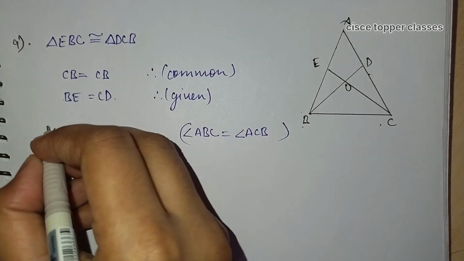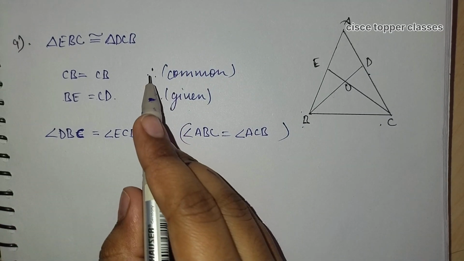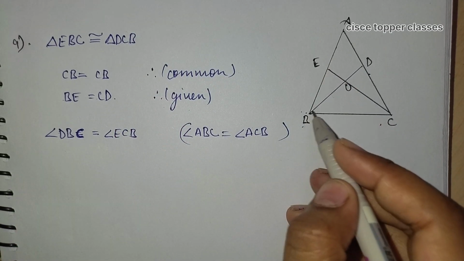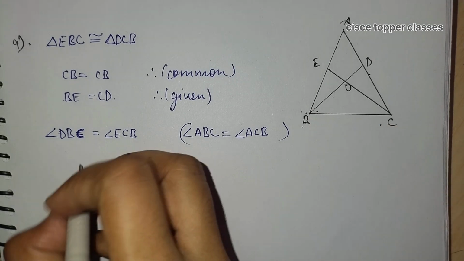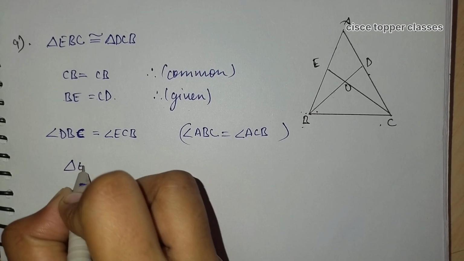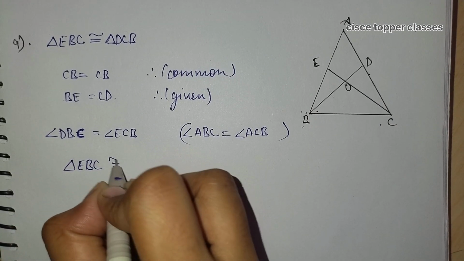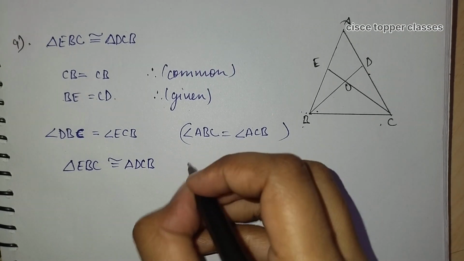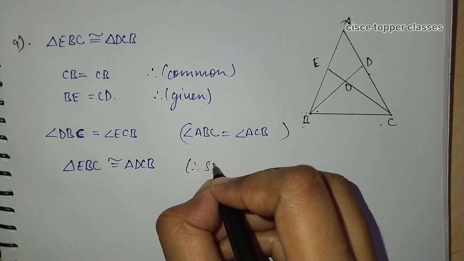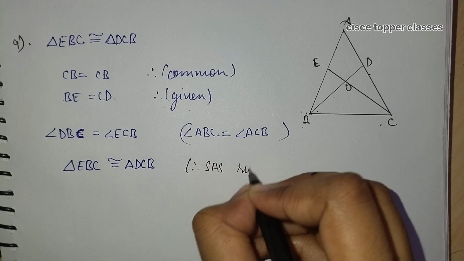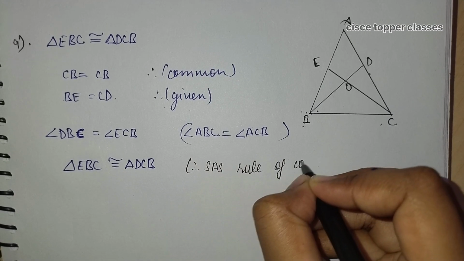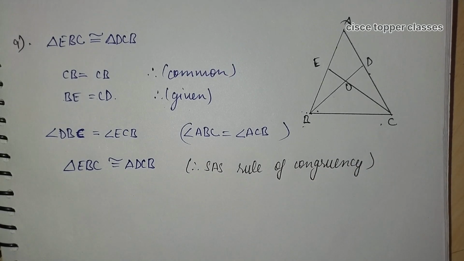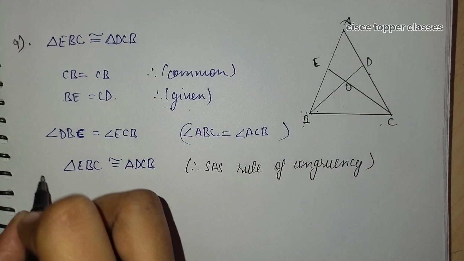So this we can prove as side angle side congruency. So triangle EBC is congruent to triangle DCB by the SAS rule of congruency. Here this is the first part.